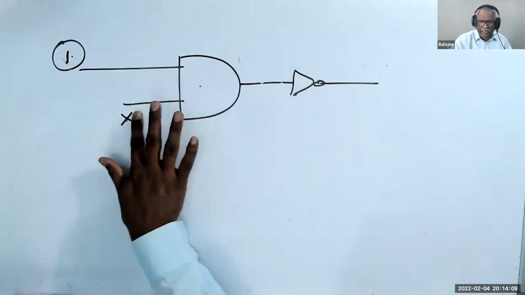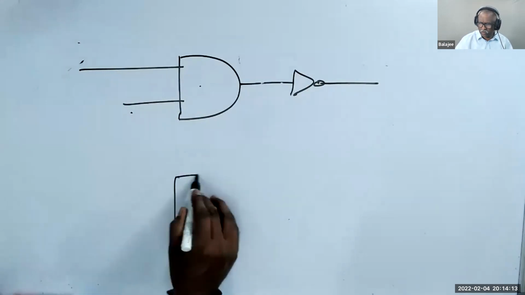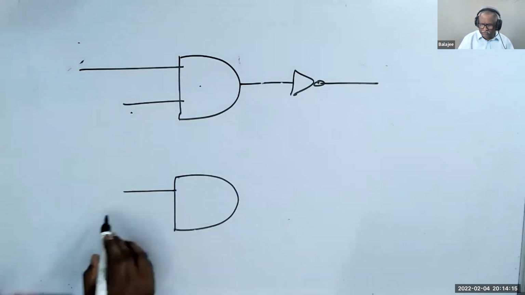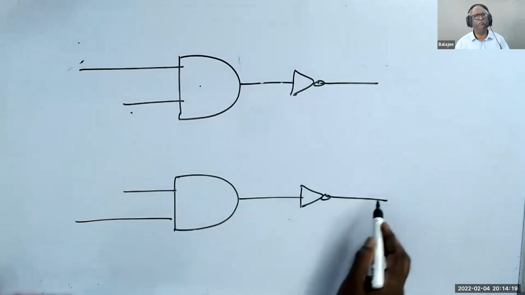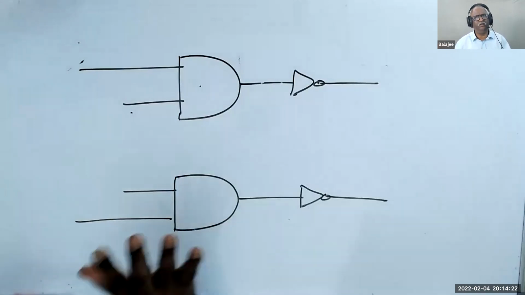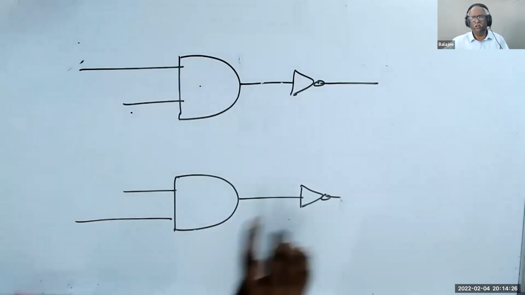Now, see here, I draw one more logic here. I have one more logic. Life is very simple. Same copy. Okay, this is all fine. I do only one small thing here. What is the small thing?